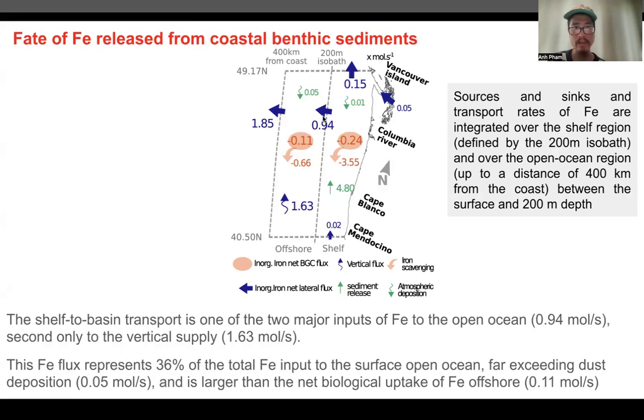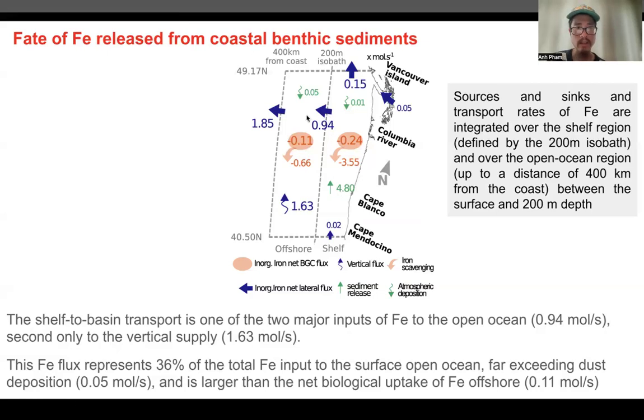The blue arrow shows the transport of iron by ocean circulation, the red circle shows the biogeochemical flux of iron, and the green arrow shows external sources of iron coming from either atmospheric dust deposition or from benthic sediments.